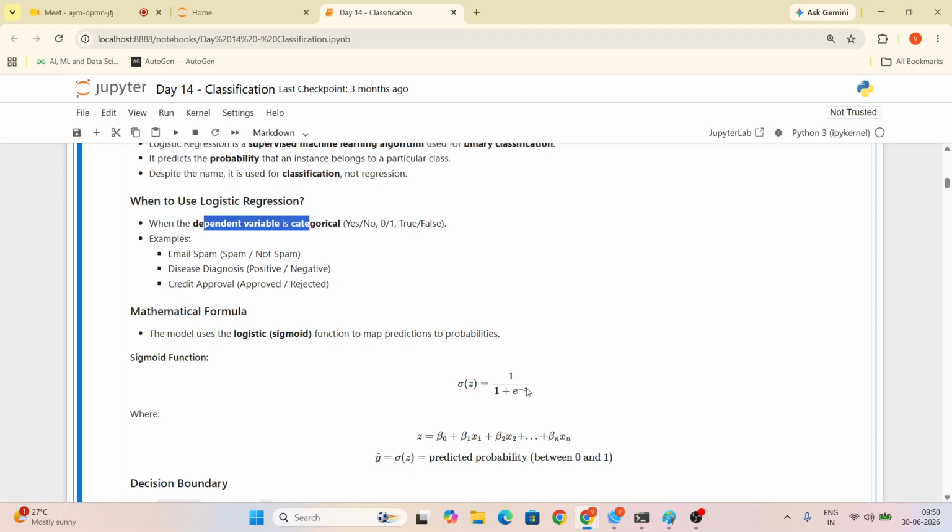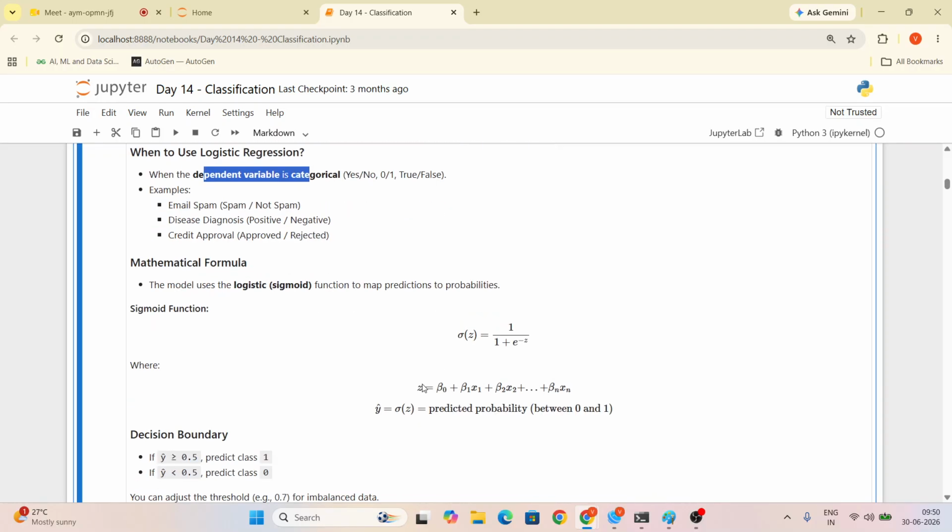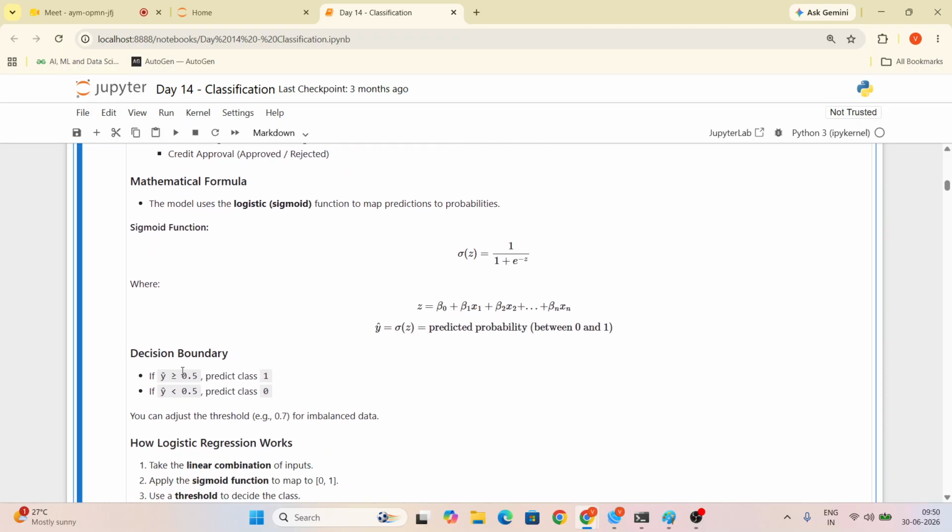In linear regression we have y equal to mx plus b, so we just apply the linear regression function. In the same way we use the logistic regression function, and this is the formula, and this is the decision boundary.